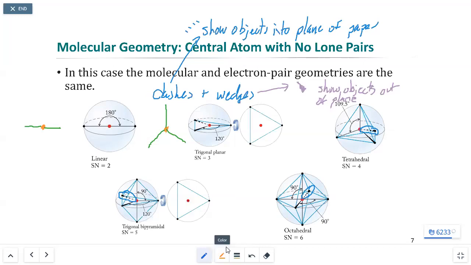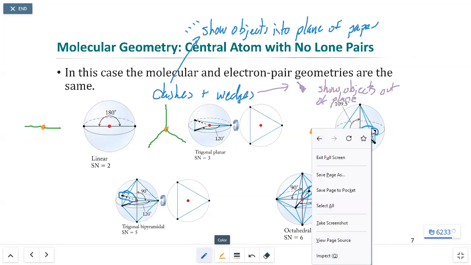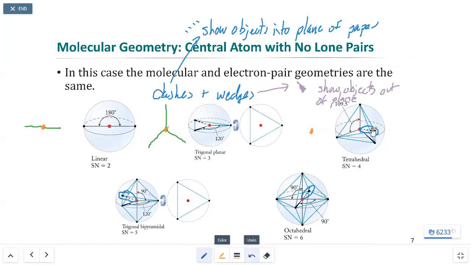When we get to tetrahedral, it's a little bit more complex. Now, this diagram here doesn't really do us any favors. It actually shows it as a little bit more complicated than it is. But if you look closely, you'll see that these two are in the same plane as that center atom.